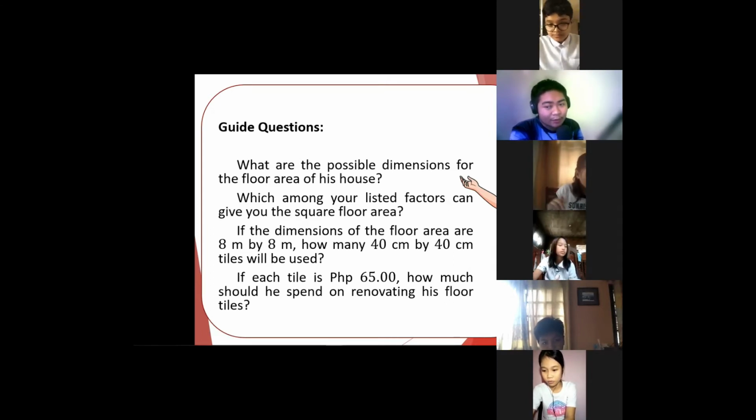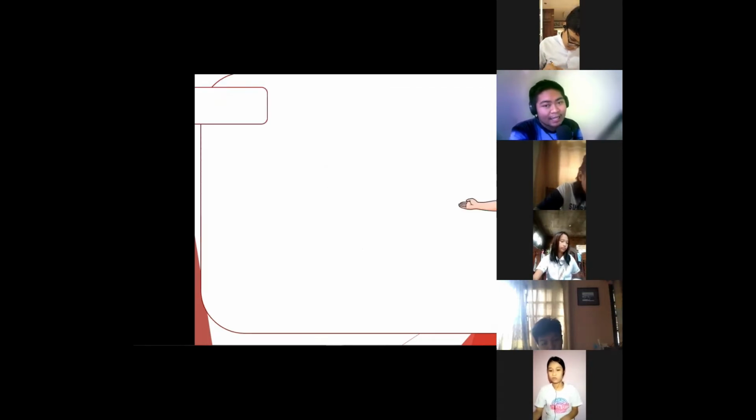So the area of his floor is 8 meters by 8 meters, and one tile is 40 centimeters by 40 centimeters. So how many tiles will Mr. Cruz be using? And if each tile is 65 pesos, how much should he spend in renovating his floor tiles?